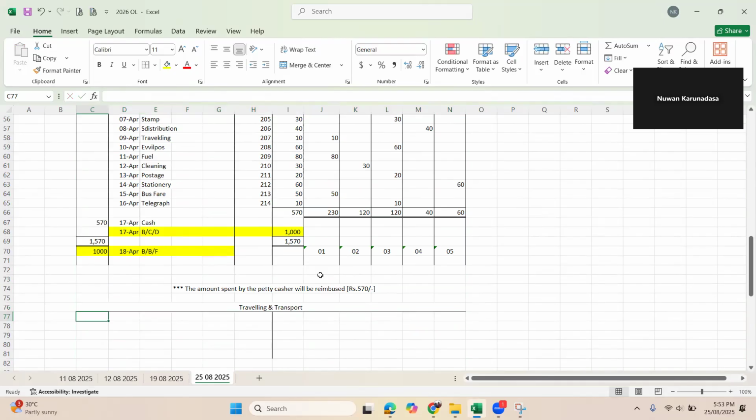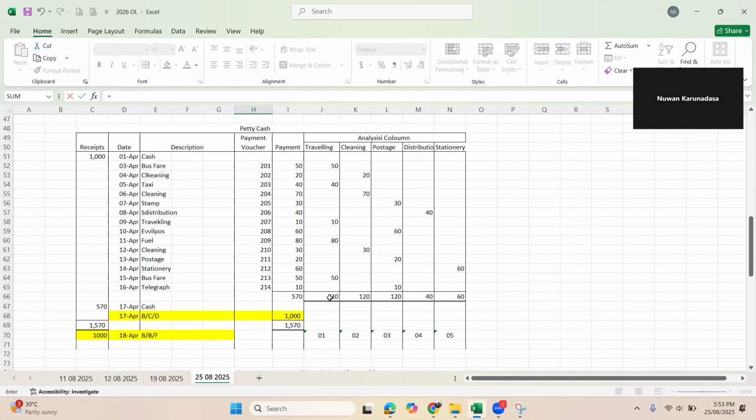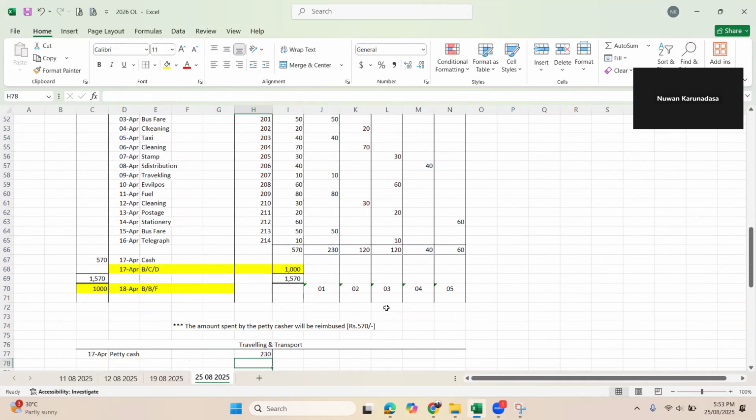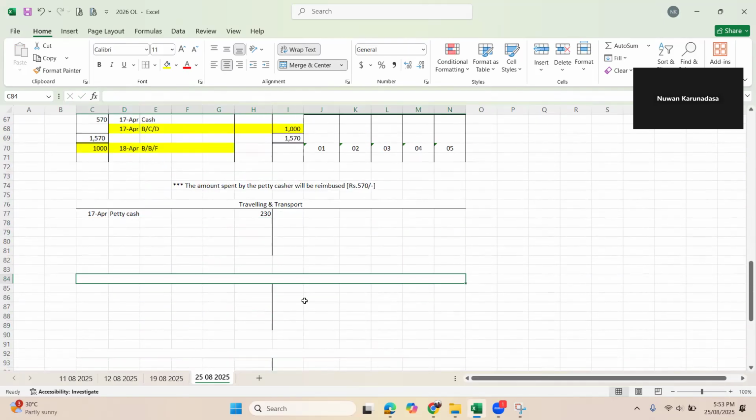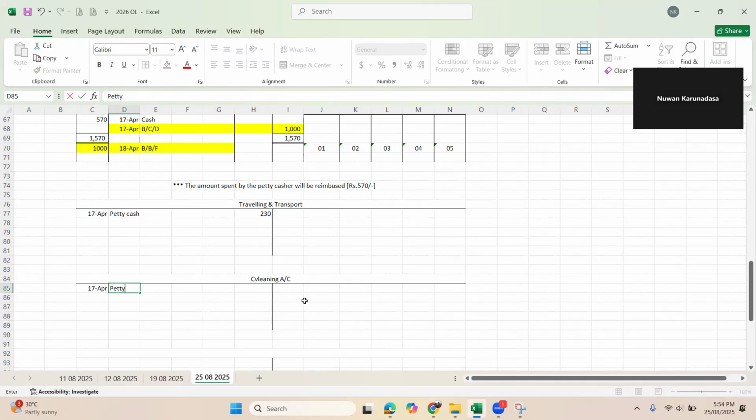So here we need traveling and transport. Traveling and transport will be debit on 17th April. Petty cash credit. How much is the total value of the traveling and transport? 230. Then the cleaning account, debit on 17th April, petty cash.